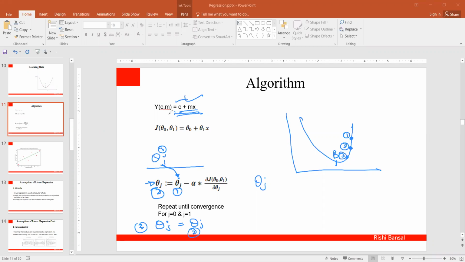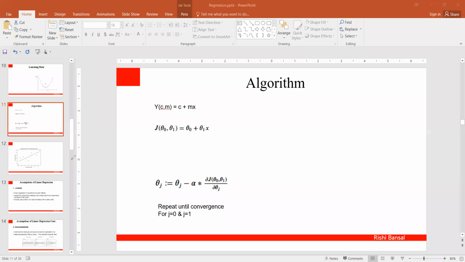This equation just changes depending on the context. If it is deep learning, a different equation will come. If it is polynomial, a different equation will come. So this will keep on changing, but the algorithm will work the same way. So that's why this is very important. However, if you just understand that this is just to minimize the error, that is also enough.